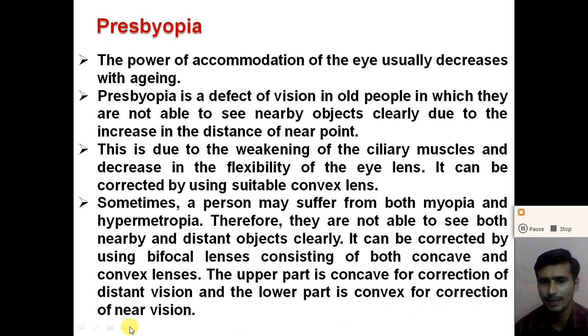The upper part corrects the vision of the distant object, and the lower part corrects the vision of the near object. So dear students, understand all three types of defects of vision. First one is myopia, second one is hypermetropia, and third one is presbyopia, right?